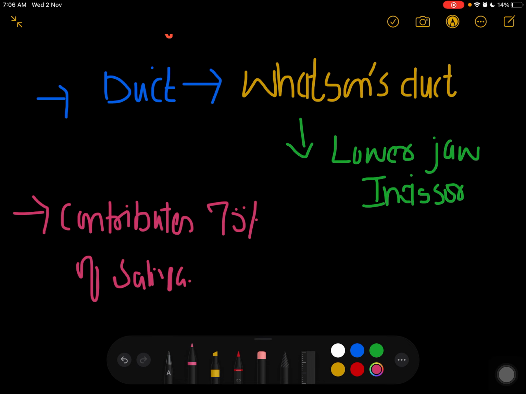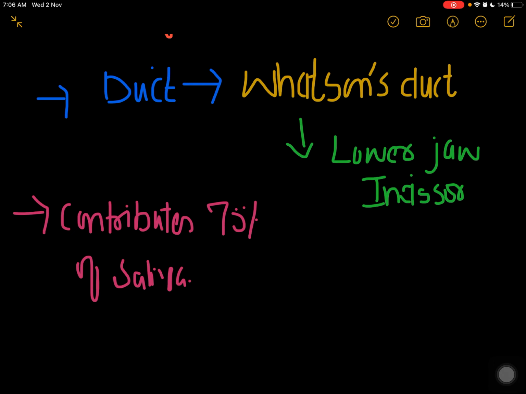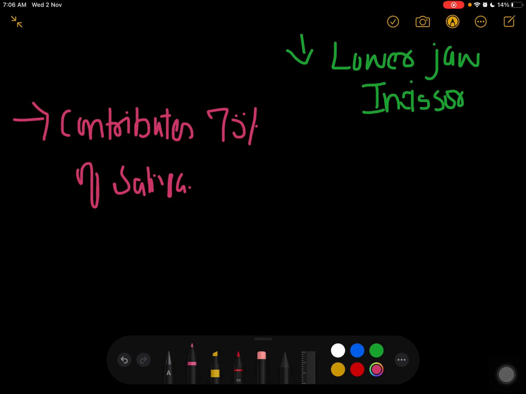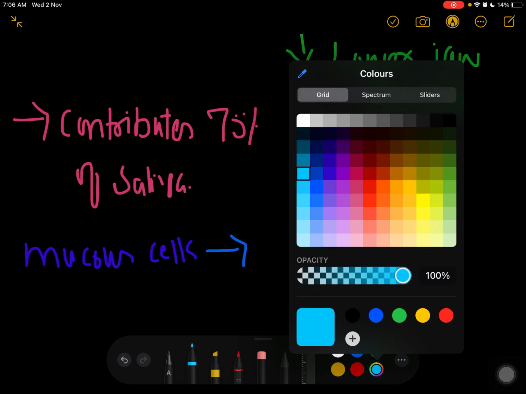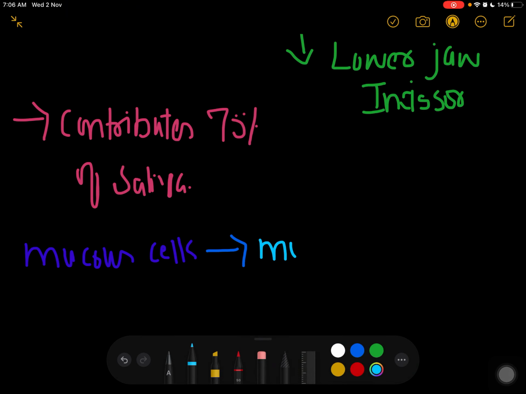I have talked before that there are two types of cells: serous cells and mucus or mucin cells. So basically it secretes mucin. There are mucus cells which release mucin, and they release mucus.